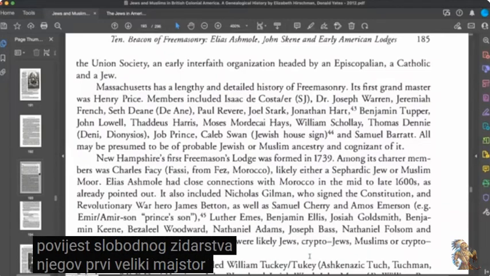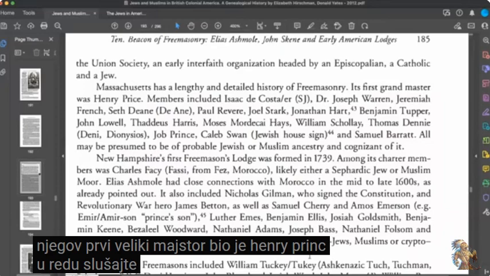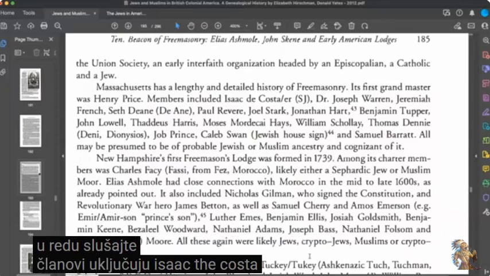Massachusetts had a lengthy and detailed history of Freemasonry. Its first Grand Master was Henry Price. All right, listen. Members include Isaac de Costa.